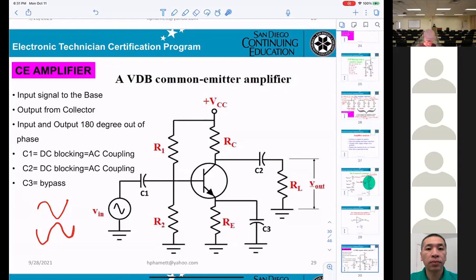And the last, C3 right here, the name they give is bypass capacitor. How does it work? Why do they give the name bypass?